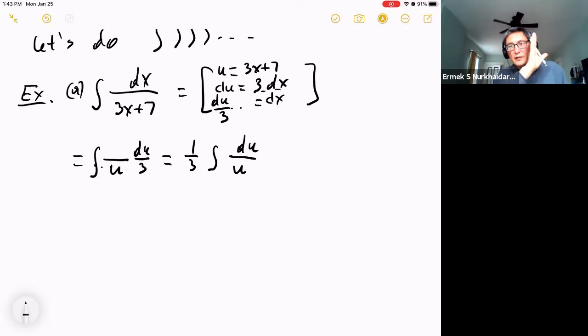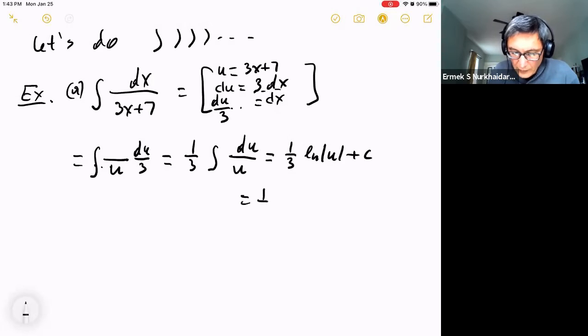Then I will take 1/3 out, and that's how we're going to get that. And then we realize that is the antiderivative of natural log of u. And then we'll do back substitution, and then we're going to be in good shape.